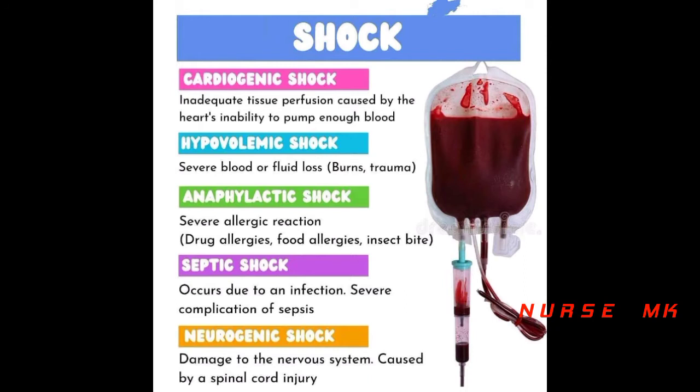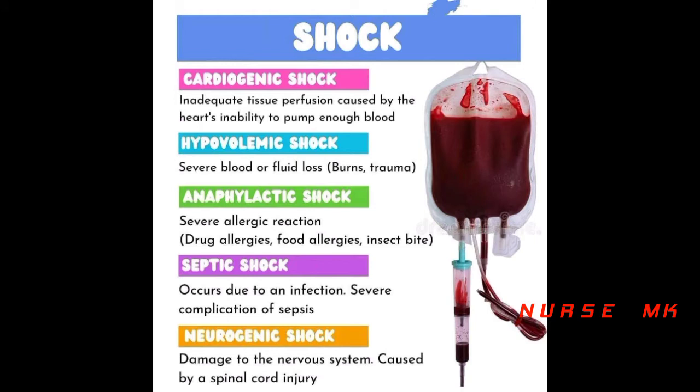Classifications of shock. Shock can be classified into any of the following: hemorrhagic shock, also called hypovolemic shock. This is a type of shock that results from the loss of plasma or whole blood.